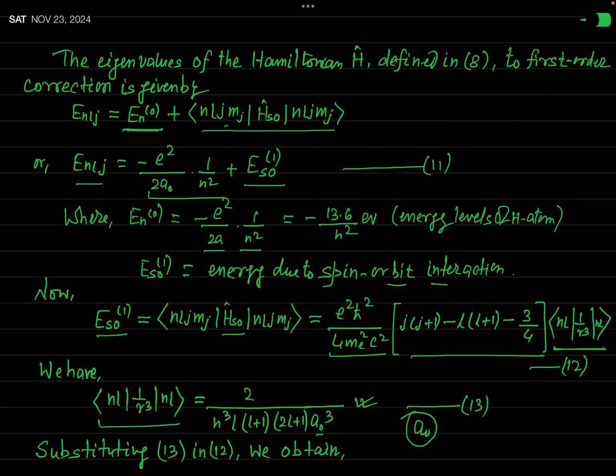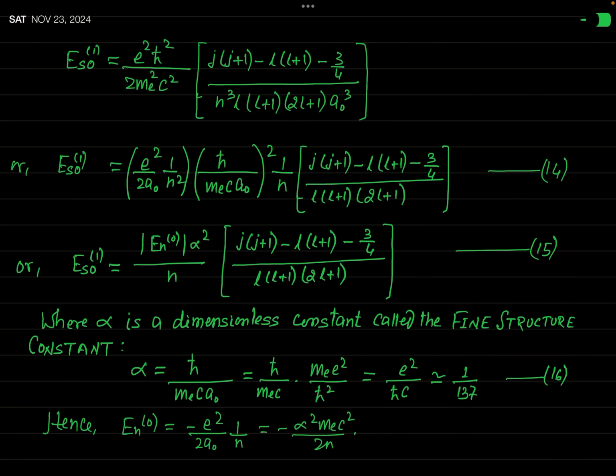Let us substitute the value of this expectation value of 1 over r³ here, and then you will get the value of E_SO1. After substituting that, you will get the expression for E_SO1 as e² times ħ² over 2 m_e² c² times this much.